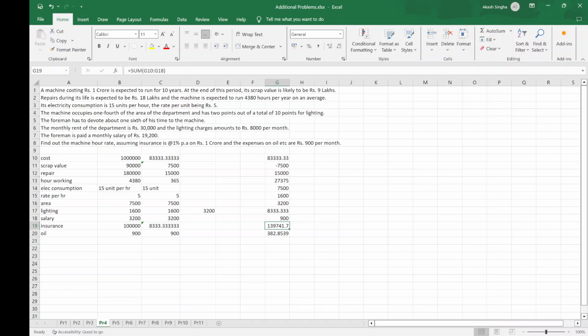So the total sum is the total cost per month for that machine. Okay, so we have to calculate the hour rate. So just divide it by 365 because per hour rate it is going to run 365 hours. So we'll get the hour rate.